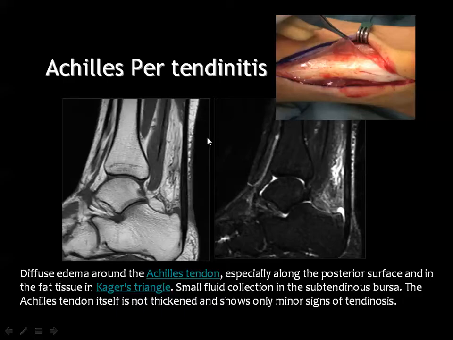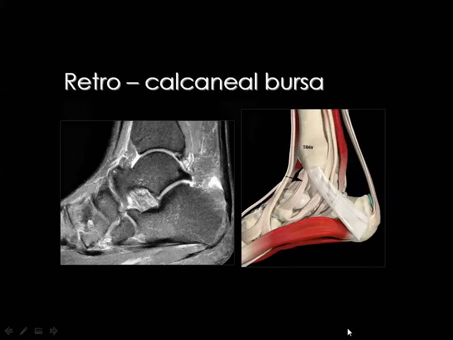By Achilles peritendinitis, we mean that there is some inflammation of the soft tissues around the Achilles tendon, either deep or superficial or both. The Achilles tendon itself may look normal or may show some tendinosis. In such case, you get a slight increase in the caliber of the tendon with faint intermediate signal within the tendon.